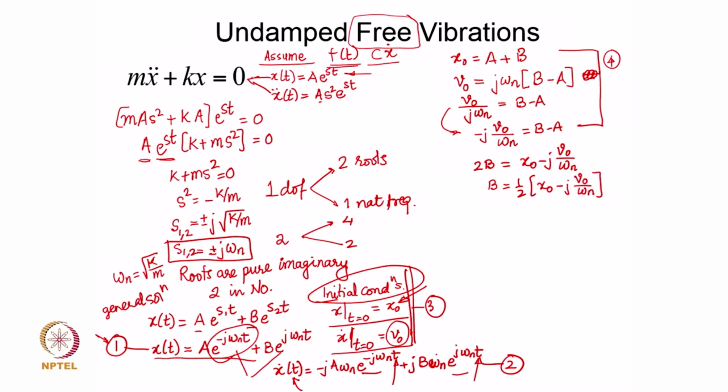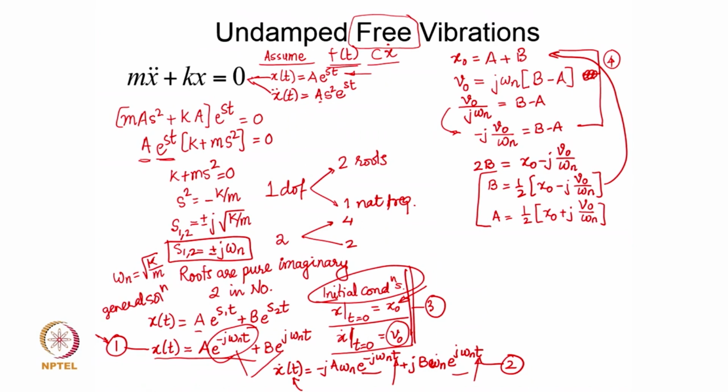That is the expression for b that I have got here, and you substitute that into this equation, I am sure you will get a equals half of x naught plus j v naught by omega n. Please do that yourself, quite easy to do. So, when you substitute b into this equation, you will get a as half of x naught plus j v naught by omega n. Do you observe something interesting in the expressions of a and b?